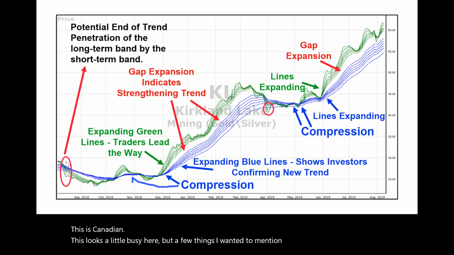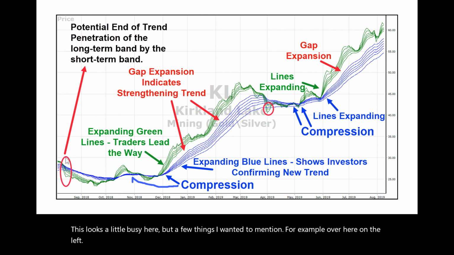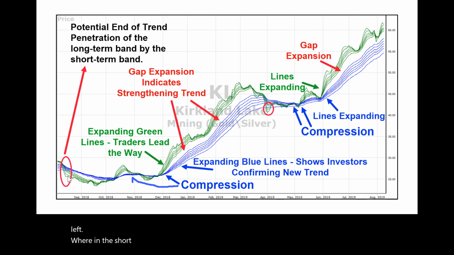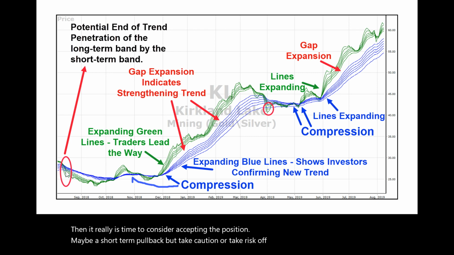For example, over here on the left, when the short-term faster moving averages, the short-term traders, that band crosses below the blue investor band, then it really is time to consider exiting the position. It may be a short-term pullback, but you can take caution or take risk off the table that way.